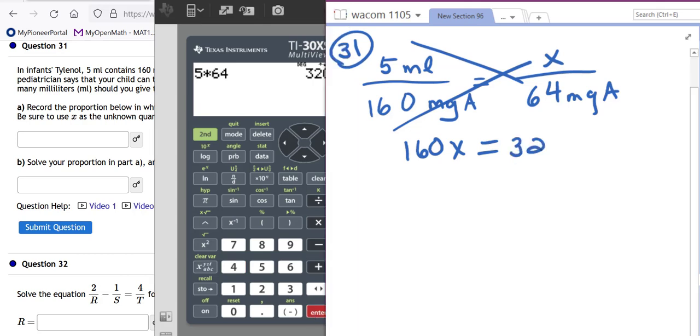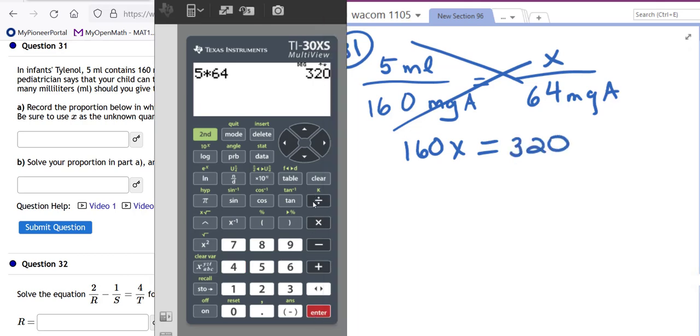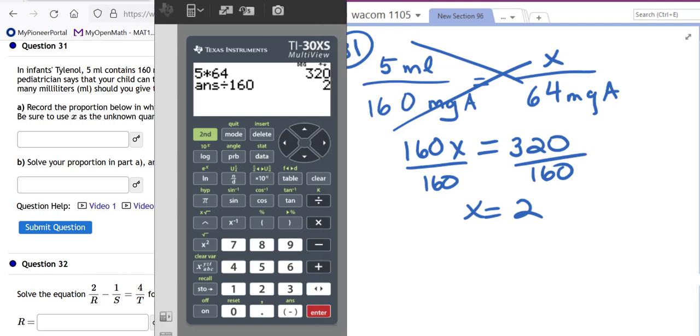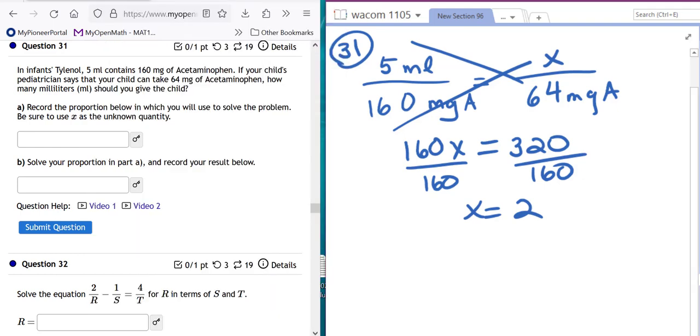That's 320, and divide by 160 is 2. All right. Record the proportion.